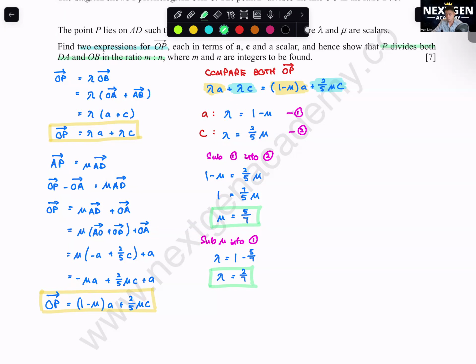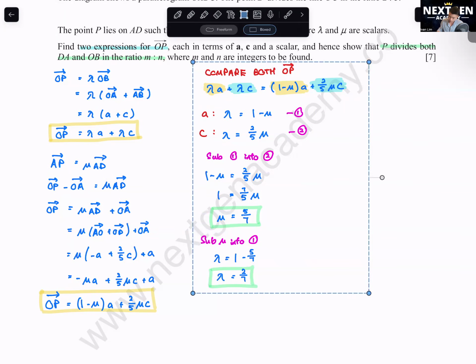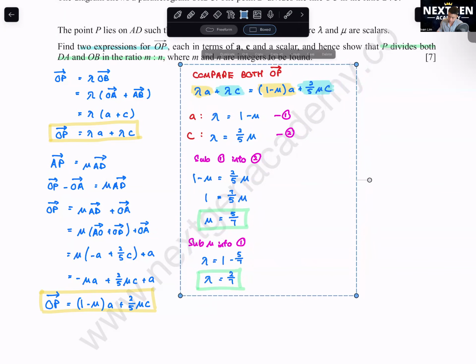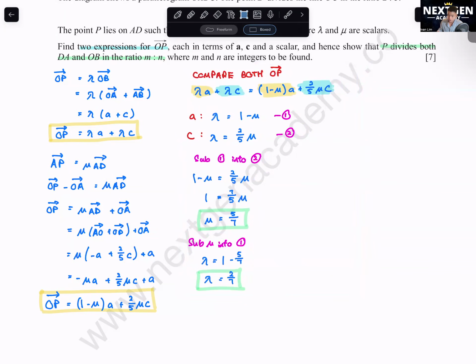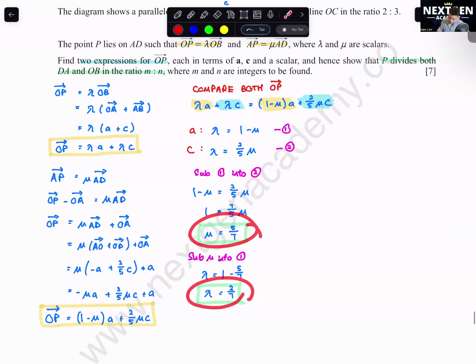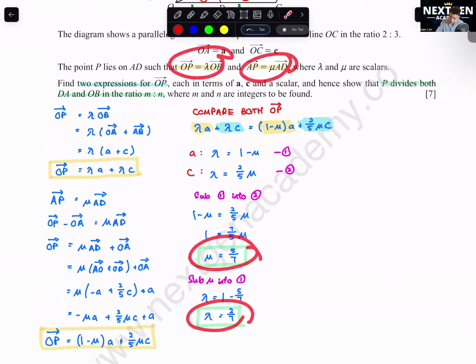So it's just one more mark. I think a lot of students will get stuck at this final one. How to do the last part? They want you to prove that OP to PB is in the ratio m to n. So now you're going to substitute back this mu and lambda into this equation here.